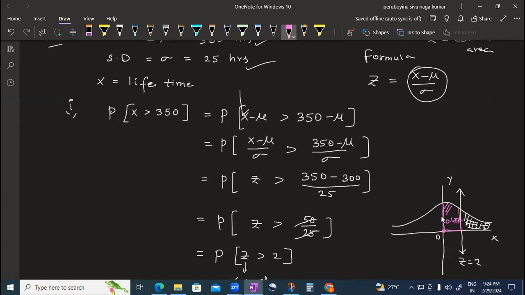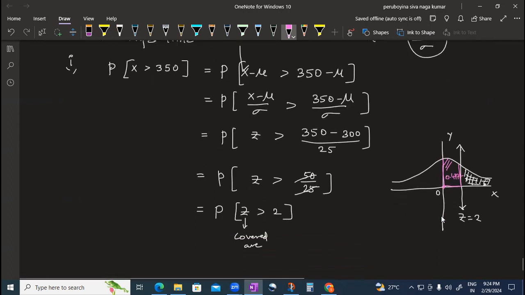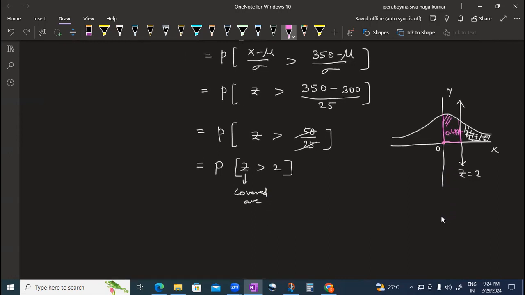But actually we don't want this part. What we want is the remaining shaded area. We know that half of the part is 0.5 in a normal curve, up to infinity. This is plus infinity, minus infinity.